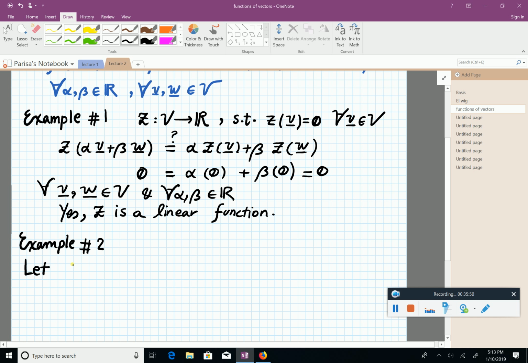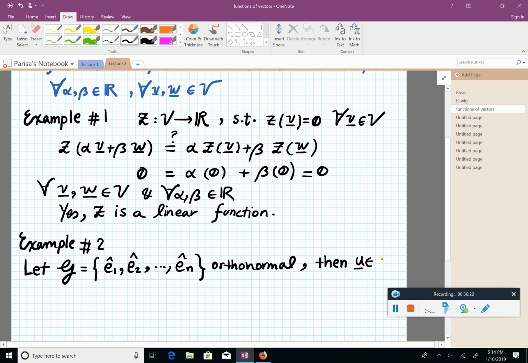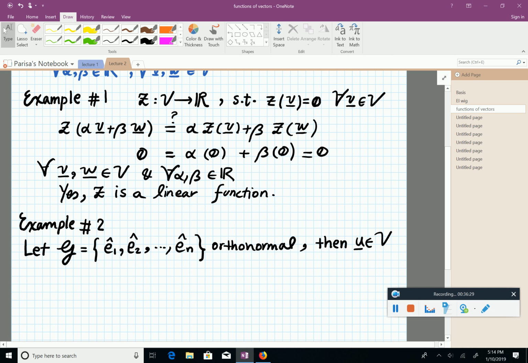If we have an orthonormal basis, then we define a function that takes a vector in the vector space and maps it to its component.